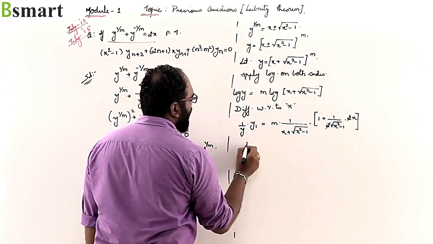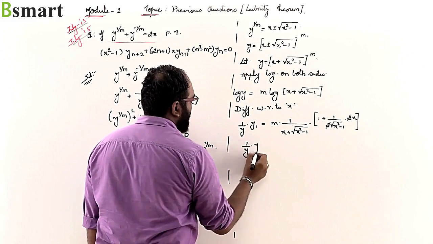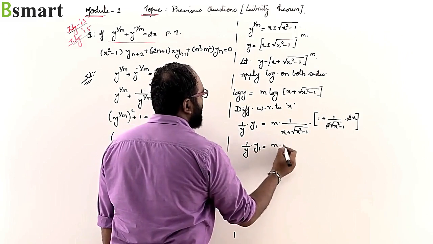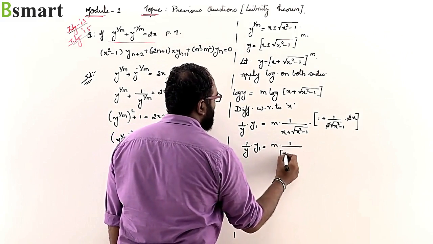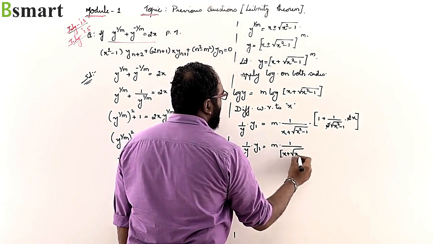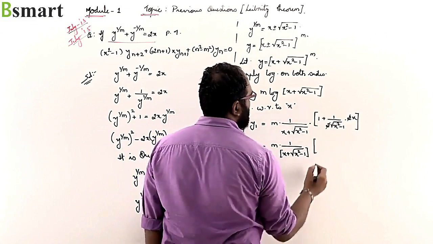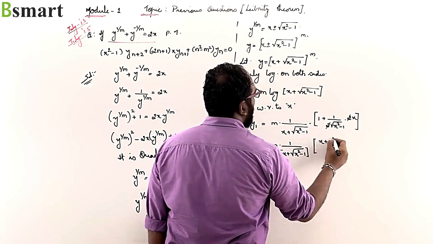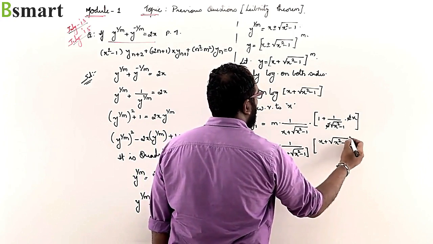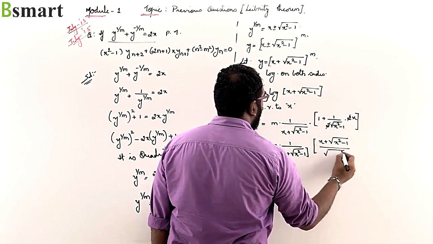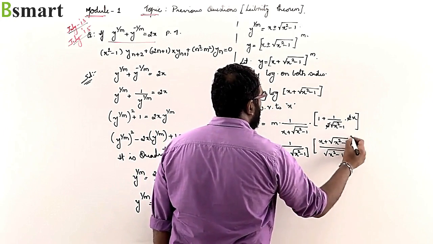So that is 1 by y into y1 is equals to m into 1 by x plus root over x square minus 1 into, now if we take the LCM, so that will be x plus root over x square minus 1 by root over x square minus 1.